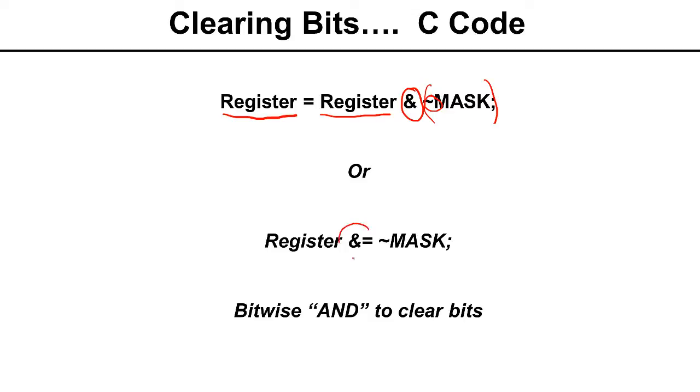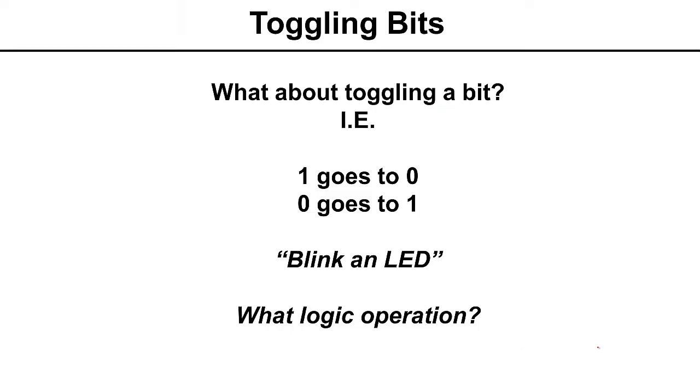The other way you do the shorthand in C is ampersand equals, which is the same as saying register equals register AND. So the idea is we want a bitwise AND with the inverse of the mask to clear bits. All right, so that's pretty simple.